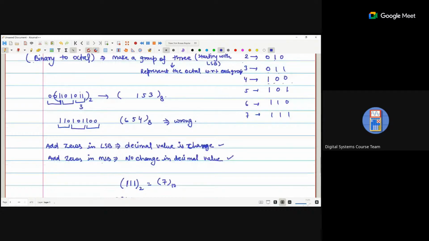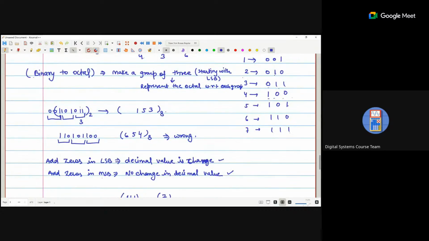Clear? Now go to this part. If we start grouping from the LSB part and the MSB group is not complete, we add two zeros, and adding these two zeros doesn't have any effect on the value. Whereas when we start grouping from the MSB part and the LSB side has no complete group, we add zeros and that changes the complete value.